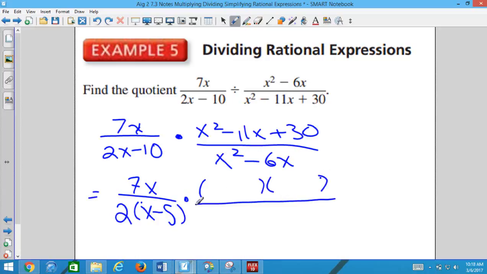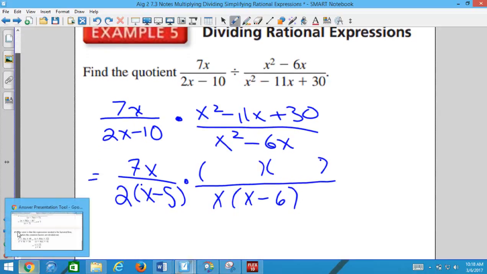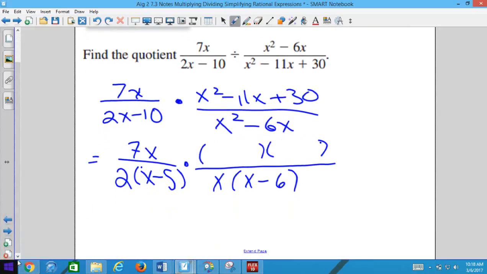So that'll be GCF, x times x minus 6. On top, I'm factoring guess and check. I know that these have to be x. To multiply the second two numbers to give me a positive 30, it has to add up to be negative 11. What do we put down?